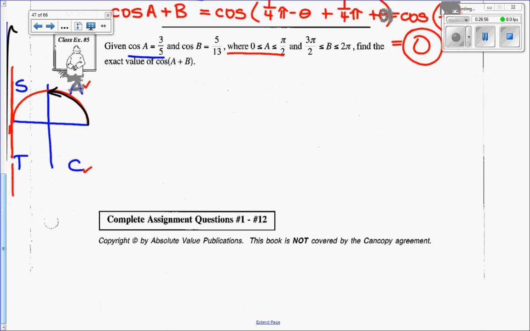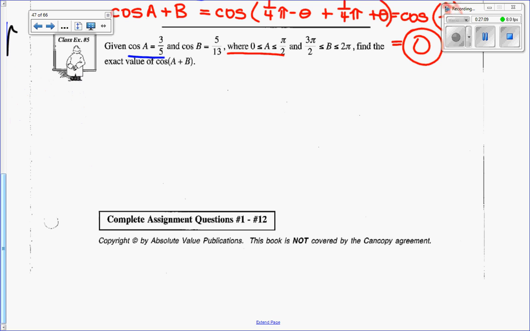It's telling us it's between 0 and pi over 2. Pi over 2 is up here. Okay, so we know this time we're talking about this quadrant. I'm just going to tidy this up a little bit so that we can see better without all my scribbles. So all students take calculus, and we've identified that cos is going to be in that quadrant.